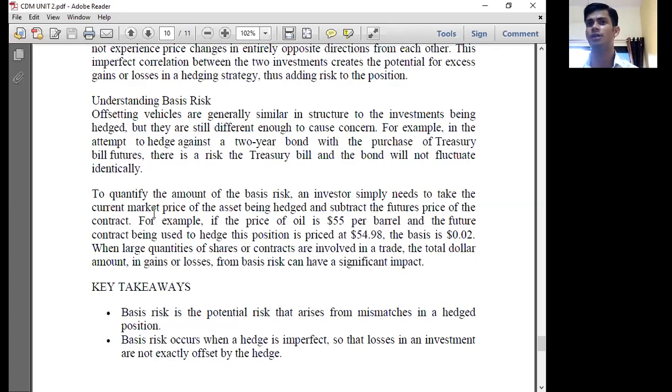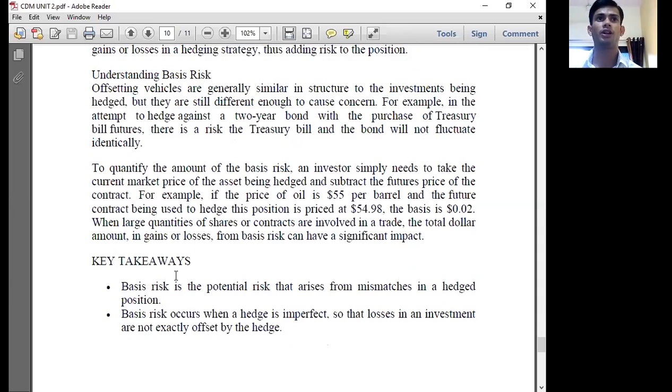There is basic risk in it. Today the bond rate is 100 rupees. In the future the market rate may be 1000 rupees. Then if you are going to sell directly in the future you could sell at 1000, but as per your contract you will have to give it at 100 rupees. For example, the amount of basic risk is what investors need to take: the contract price of the asset being hedged versus the substantial future price.